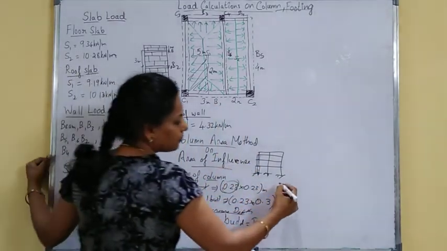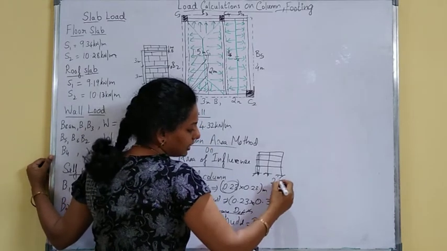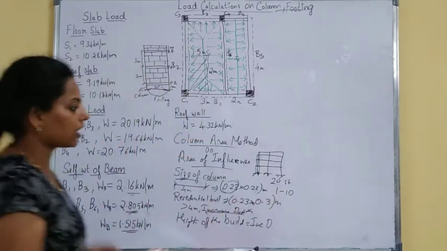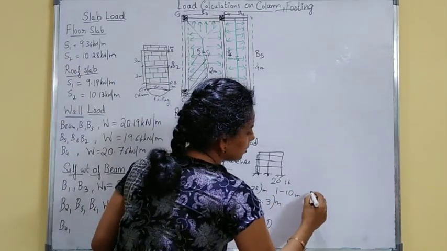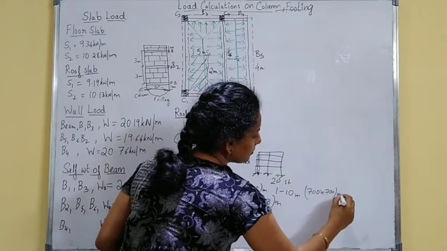For example, for a 20-story building, for stories 1 to 10 you can give 700 by 700 mm.